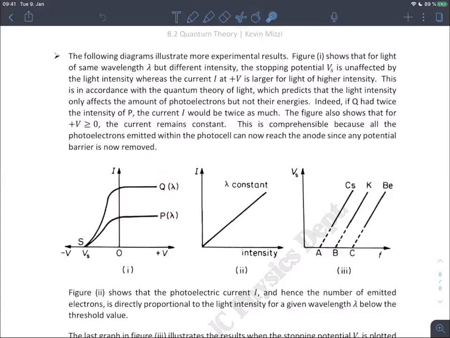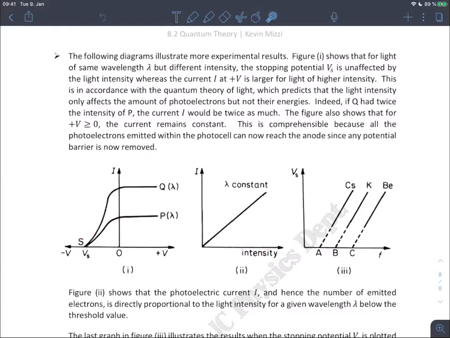However, when we apply a negative voltage, the stopping potential is the same, since, as we said, the energy of the ejected electrons is independent of the light intensity. The second graph shows that the current is directly proportional to the light intensity for light of the same frequency or color.